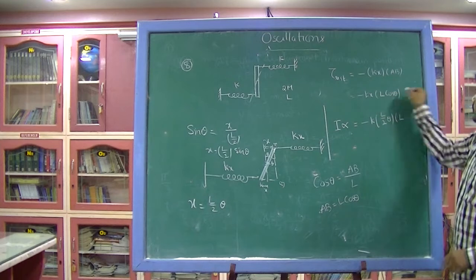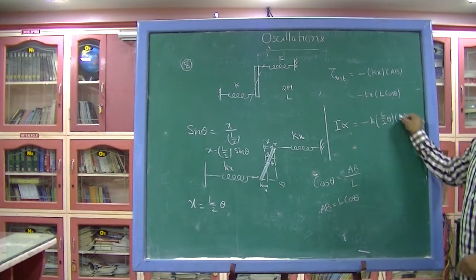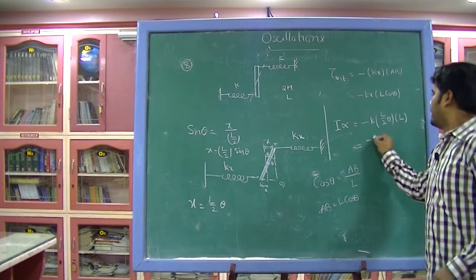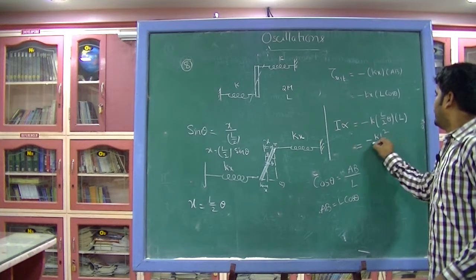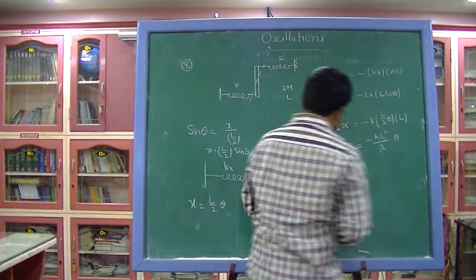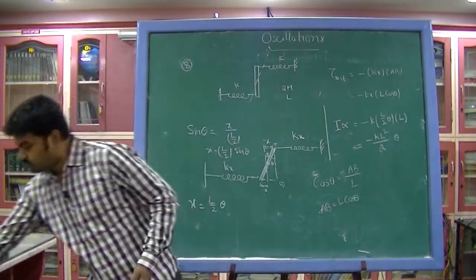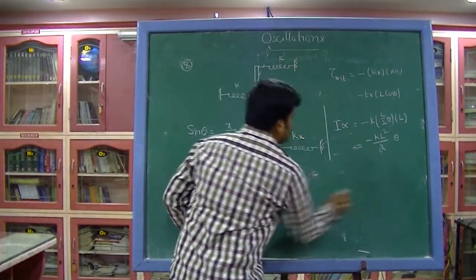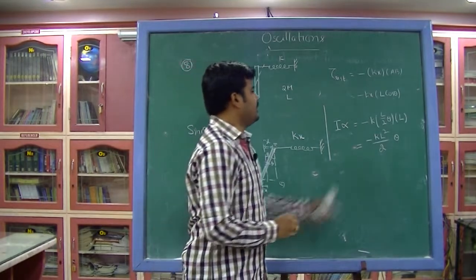So, L into 1 will be L. So, L into L. Now, simplify this: minus k L square into theta divided by 2.